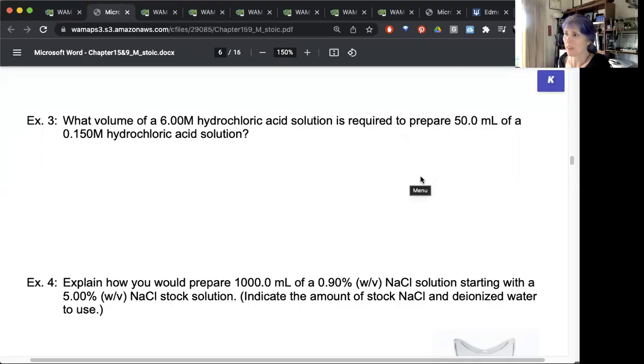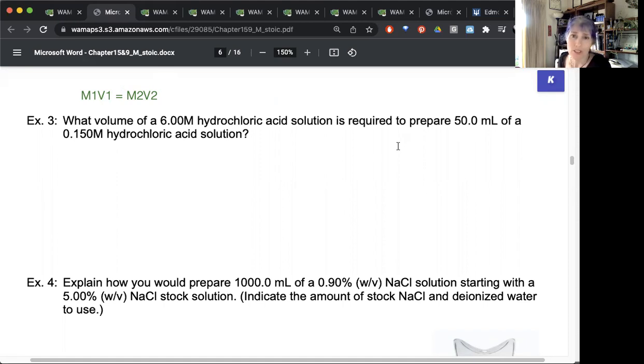Hi, I'm picking up with our worksheets on page 6 about dilutions. So we had used the dilution equation, M1V1 equals M2V2, to calculate the concentration of a diluted solution, or in this case, in our next example, we're looking at the volume that we would need of a concentrated solution to make a more dilute solution.